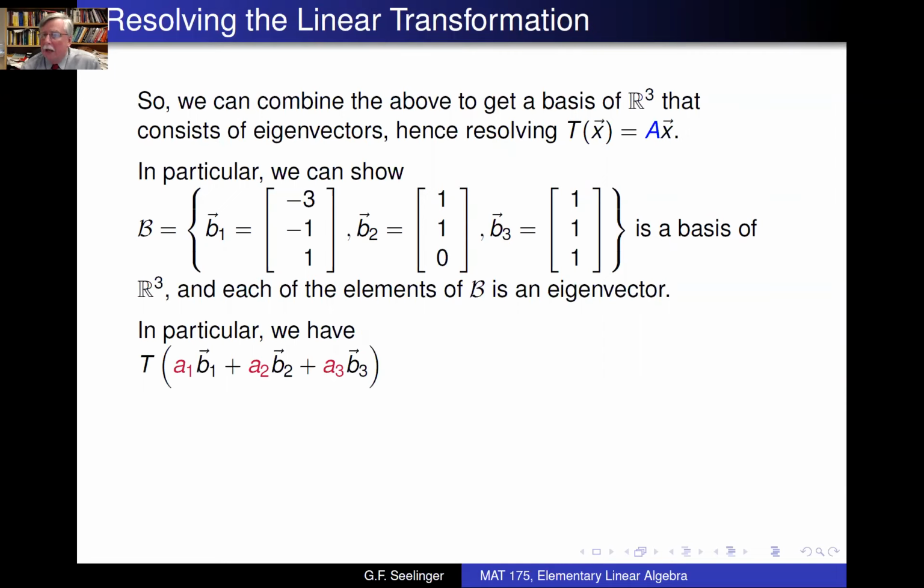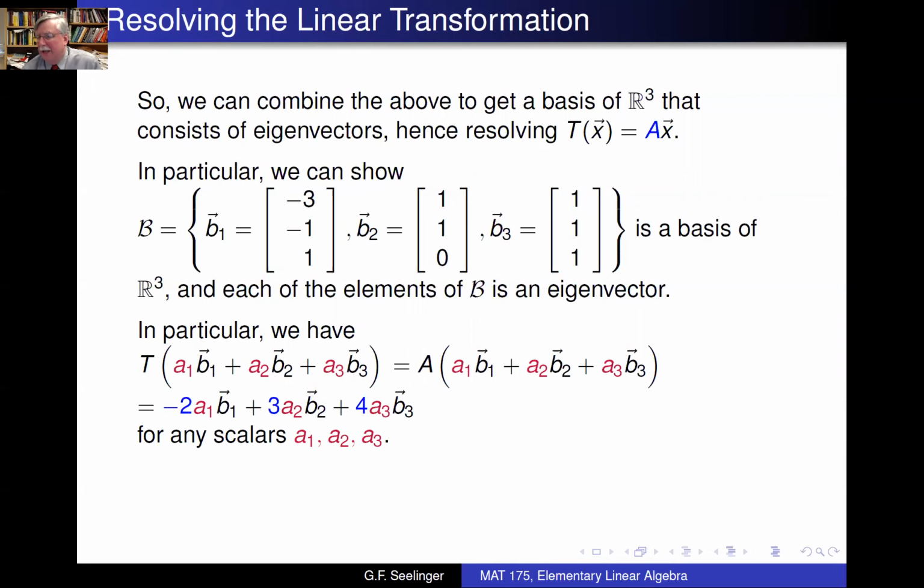In particular, that describes everything we need to know about the linear transformation, because if I take any vector in R3, I can write it as a linear combination of my basis vectors. T is a linear transformation.